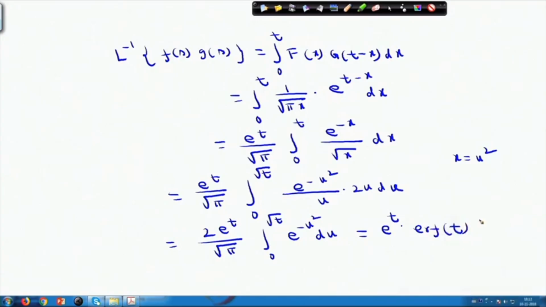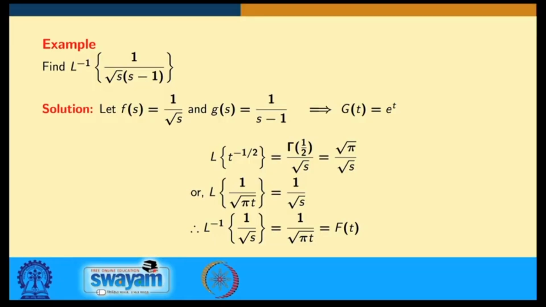So, the Laplace inverse of F(s) into G(s) is coming as e to the power t into erf of root t. If you see, your original function was the Laplace inverse of 1 by root s into s minus 1. You assumed F(s) as 1 by root s and G(s) as 1 by s minus 1. From here, you first obtain g(t), then using this process you obtain f(t).